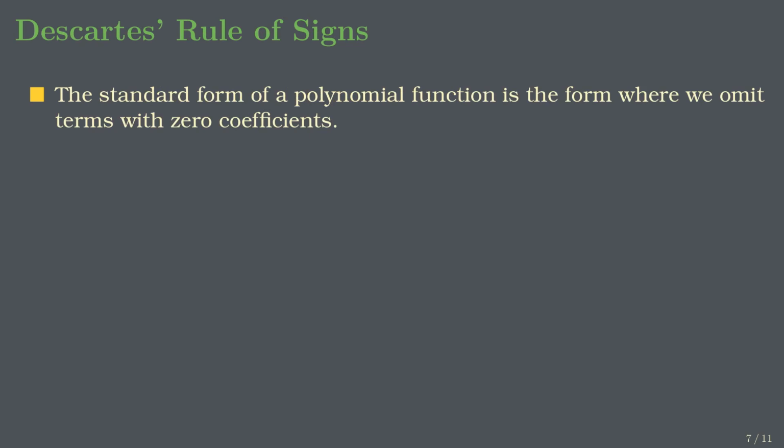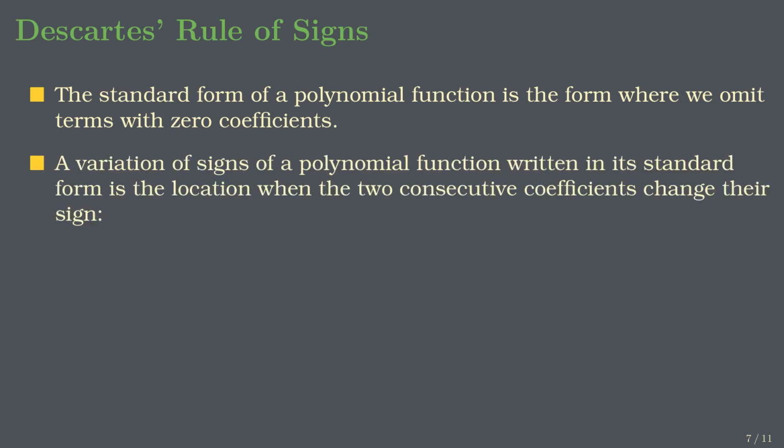Now we talk about Descartes' rule of signs. The standard form of a polynomial function is the form where we omit terms with zero coefficients, meaning that we will not write any terms where a zero coefficient appears. A variation of sign of a polynomial function written in standard form is a place where two consecutive coefficients change their sign.